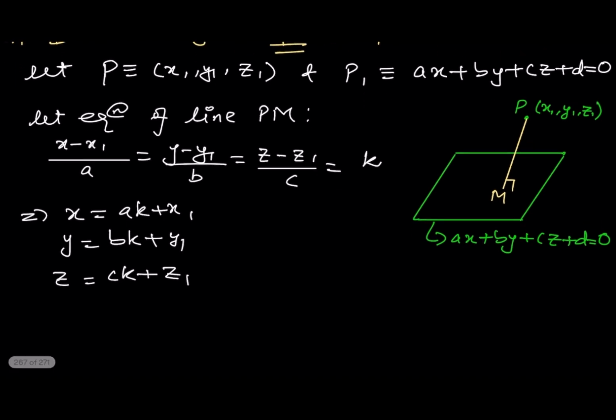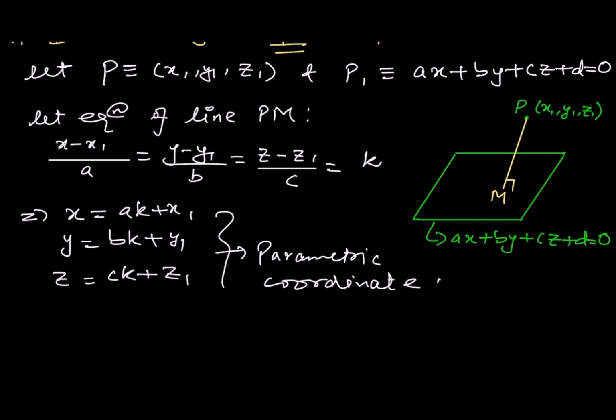Also, these are the parametric coordinates of any point on PM, right? But we want the point on the plane.